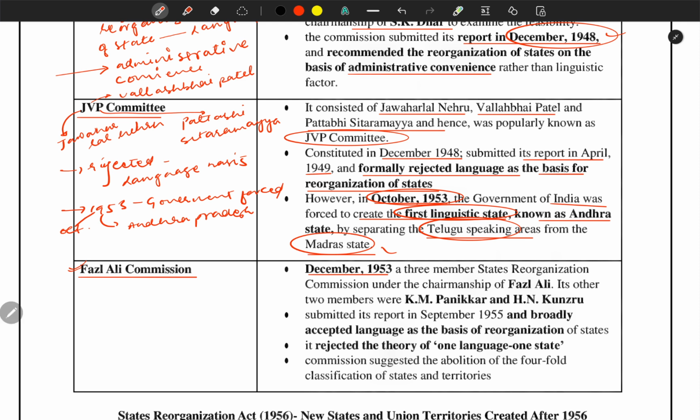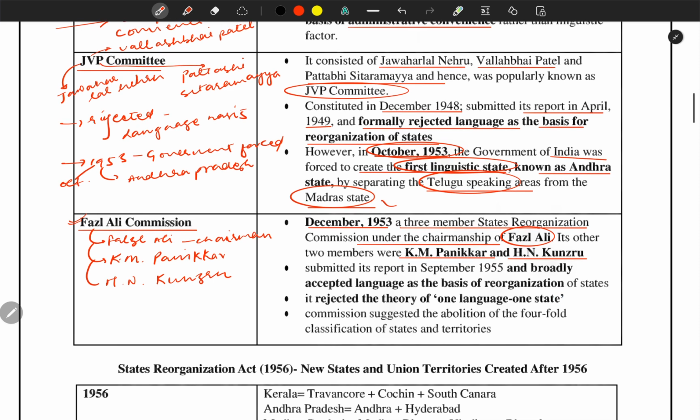So in December 1953, a three-member States Reorganisation Commission was formed under the chairmanship of Fazal Ali. Its other two members were K.M. Panikkar and H.N. Kunzru. So in the Fazal Ali Commission, there were three persons: Fazal Ali, who was chairman, and two other persons, K.M. Panikkar and H.N. Kunzru.